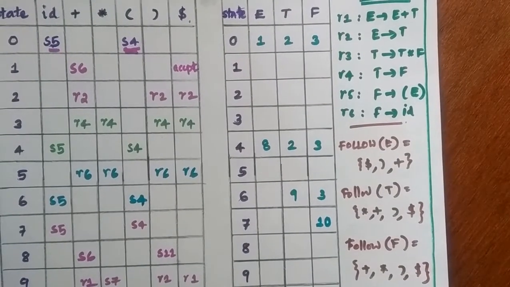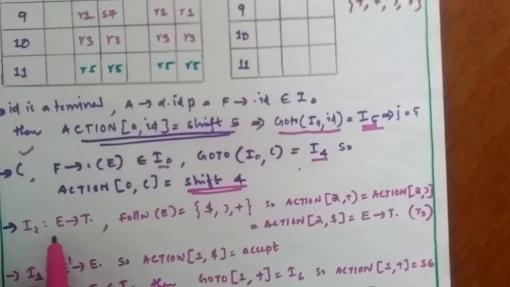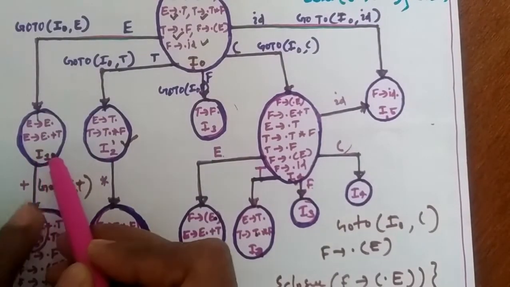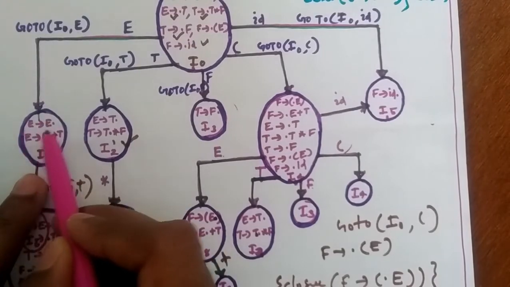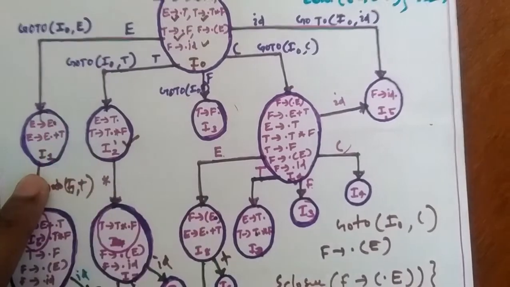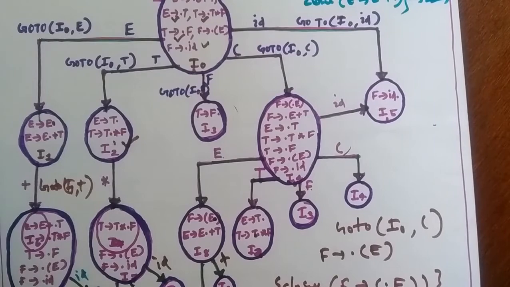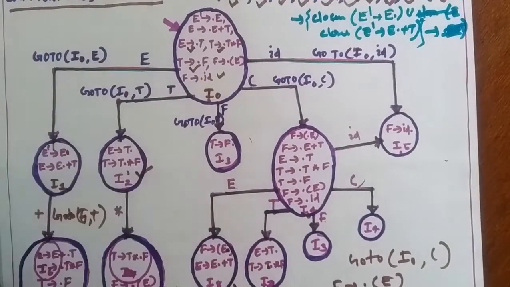Then look here. In the case of state I1, it contains an entry E gives E dot. Actually it's not E, it is E dash. E dash gives E dot.